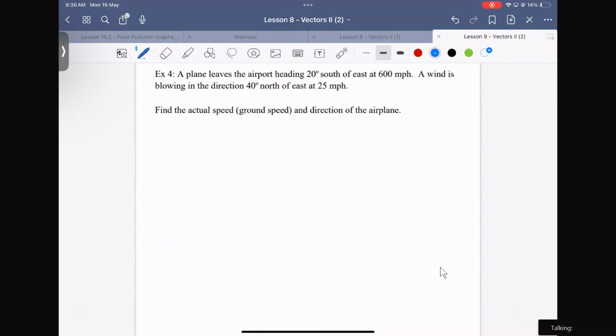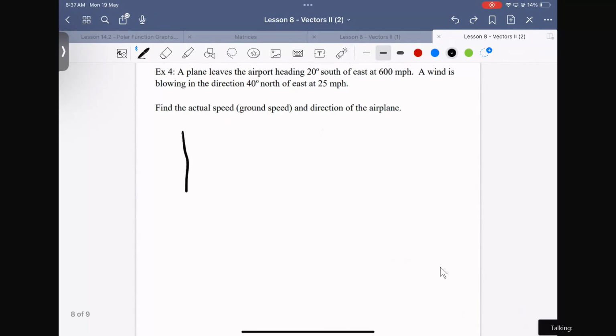So in the case of vectors, we have one vector. I'm just going to draw up a set of axes, like a unit circle type set of axes, referencing from this as our initial line.